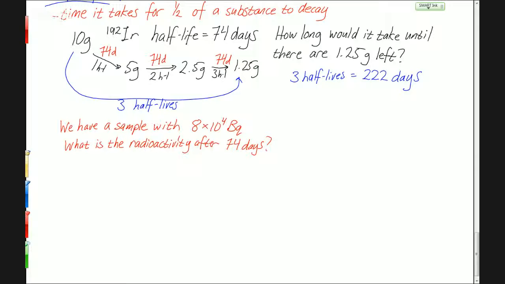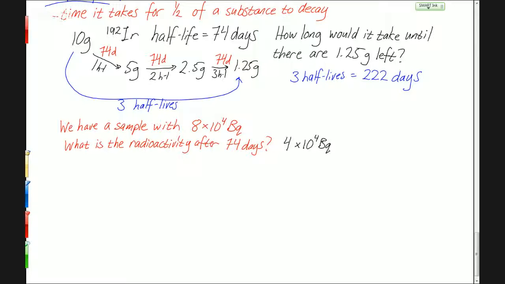After 74 days is 1 half-life, right? So what should the radioactivity be after 74 days? Yeah, right, half. So 4 times 10 to the 4th instead of 8. We cut it in half. Another 74 days, cut it in half again. Another 74 days, cut it in half again.